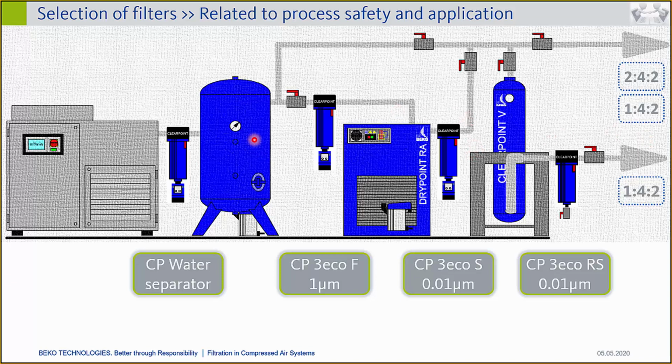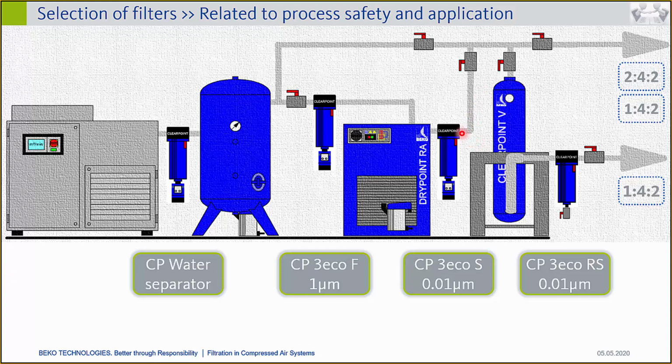Or let's assume the receiver is placed in between the fridge dryer and the carbon tower. In that scenario, you have a long distance between the fridge dryer and the activated carbon tower, and in longer pipe systems there is always the risk that additional oil aerosols will occur on the way from the fridge dryer down to the activated carbon.